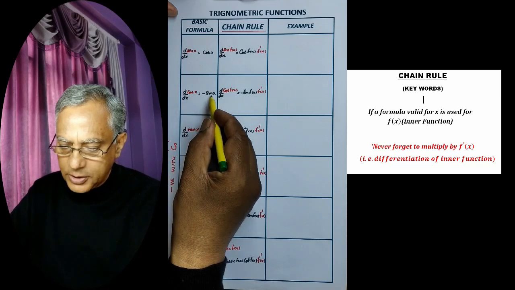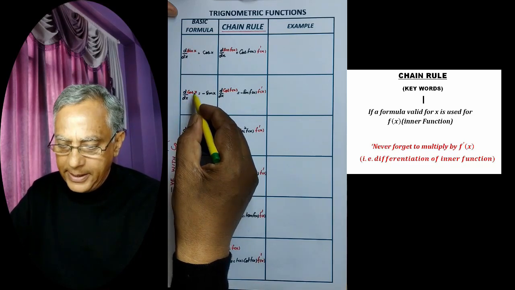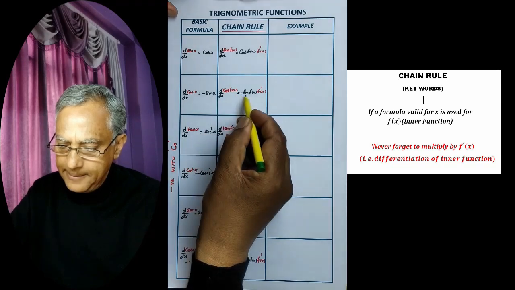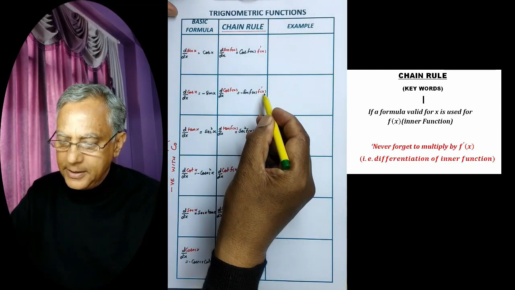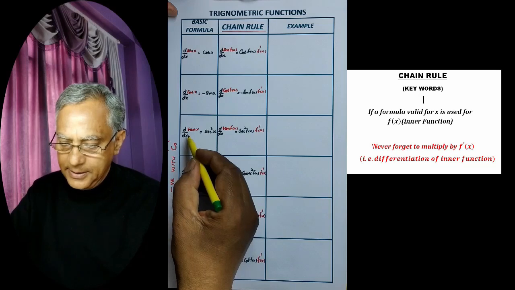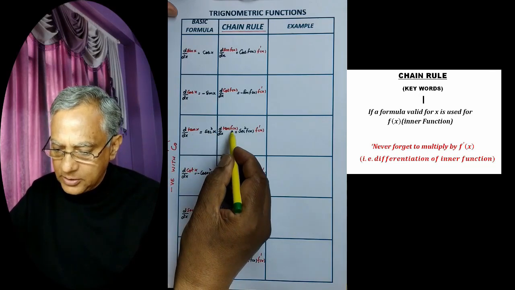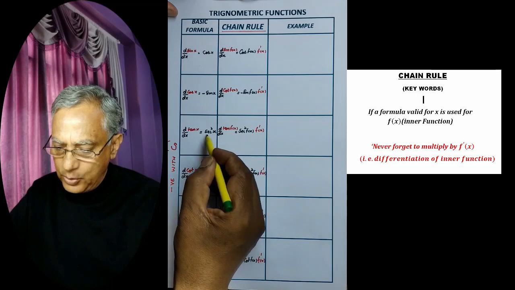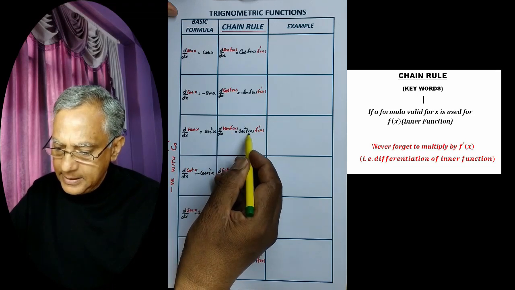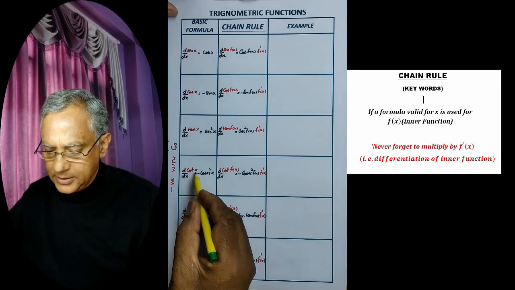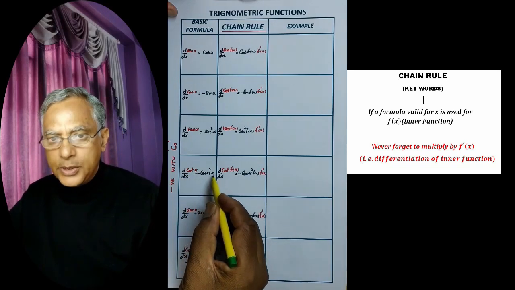d by dx of cos x is minus sin x, so d by dx of cos f(x) will be minus sin f(x) into f dash x. d by dx of tan x is sec square x, so d by dx of tan f(x) will be sec square f(x) into f dash x. d by dx of cot x is minus cosec square x.